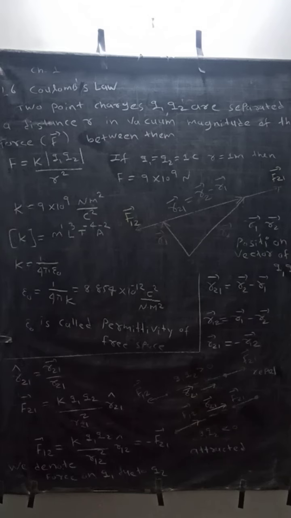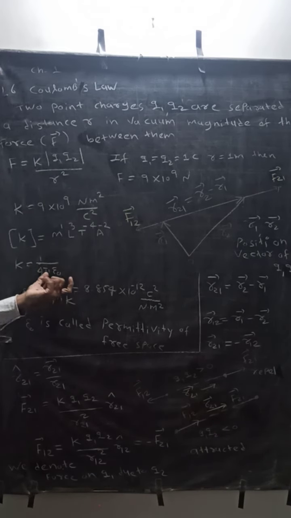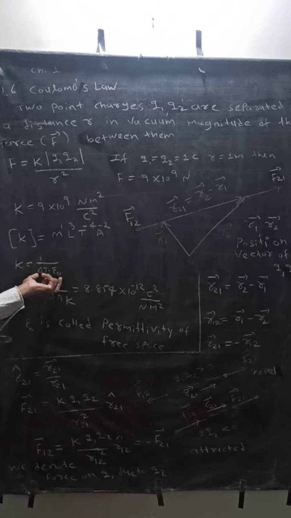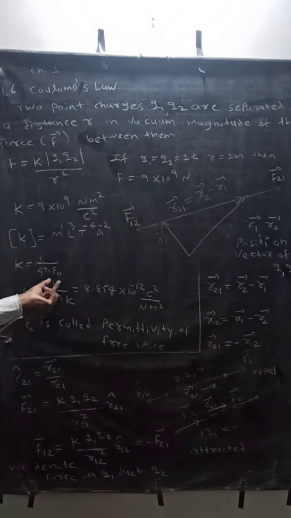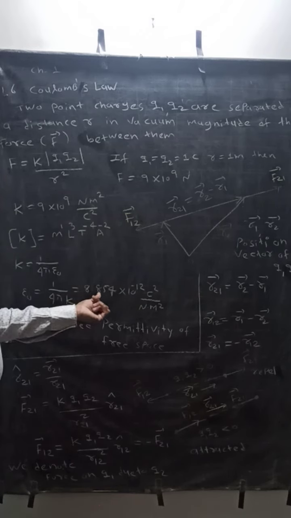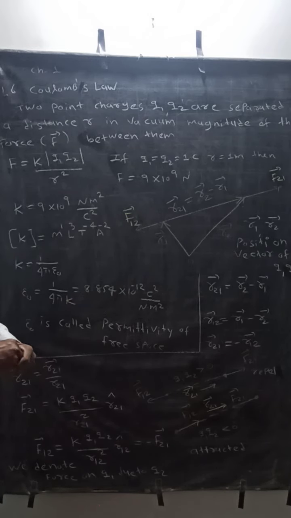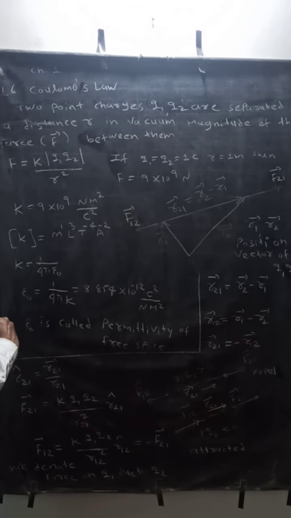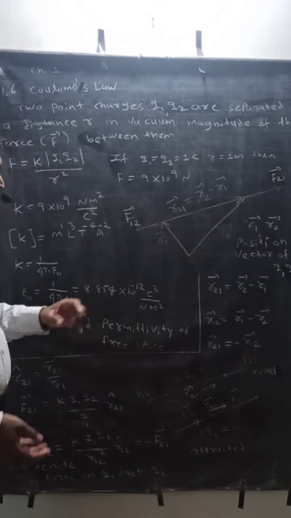In some equations epsilon naught is required, so K is equal to 1 divided by 4 pi epsilon naught. Epsilon naught is equal to 1 divided by 4 pi K. So epsilon naught is equal to 8.854 into 10 raised to minus 12 Coulomb square divided by Newton meter square. Epsilon naught is called the permittivity of free space.